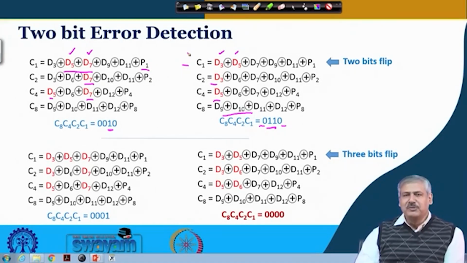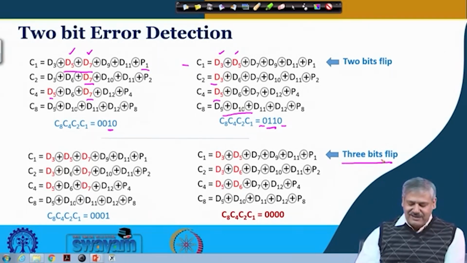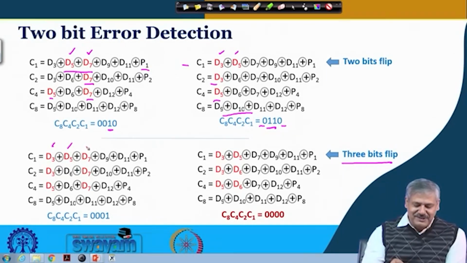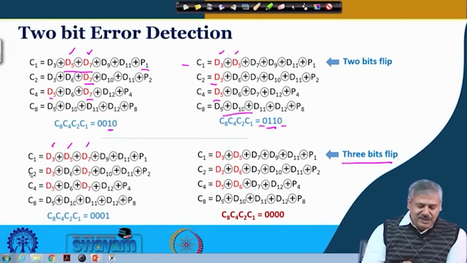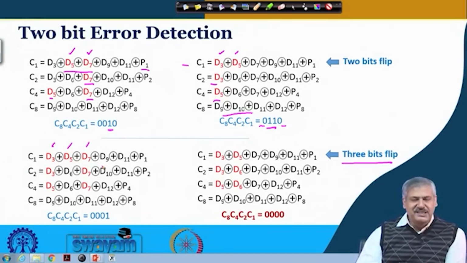Now, more than 2 bits flipping, let us see the 3 bits case. We take an example where D3, D5, D7 have flipped, which is possible. This is one random case. So, C1 has changed.